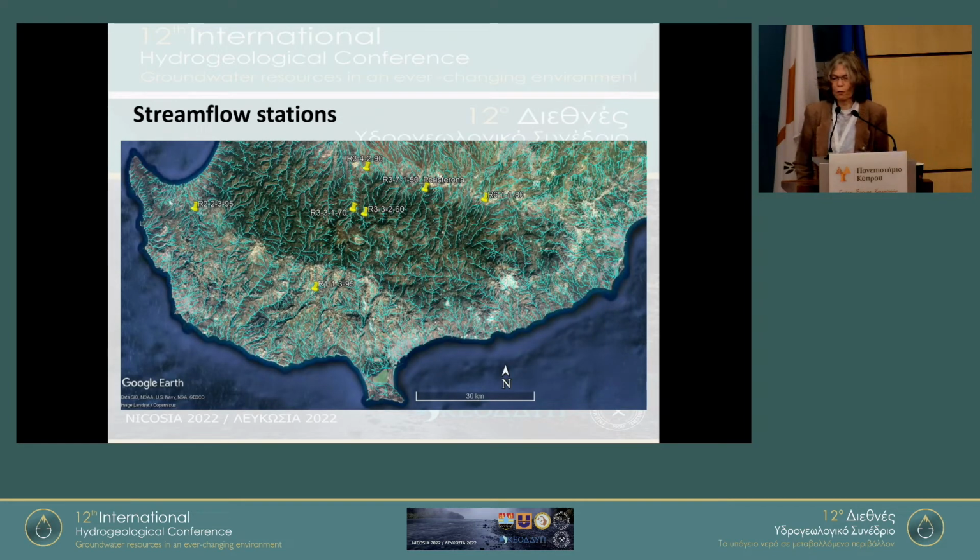Looking at a few more stream flow stations, you see here the Perisrona station. We have a few stations on the north, two from the higher elevations, with the ultramafic from the top of Mount Olympus. We have one station in the northeast from the Pedieos River Basin and two in the south.